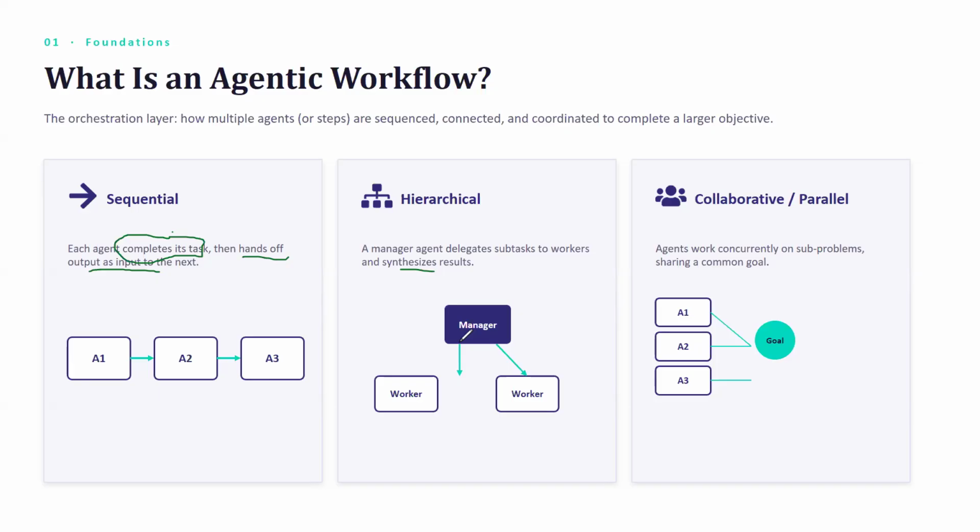And the third one, we have the collaborative or parallel agentic workflows. So when are we going to use these parallel workflows, right? For example, if you want your agents to work concurrently in an asynchronous manner, then you have to use the collaborative or parallel agentic workflows.